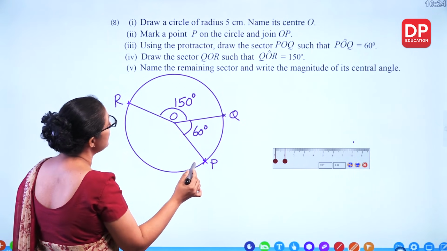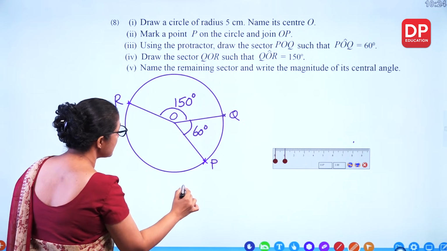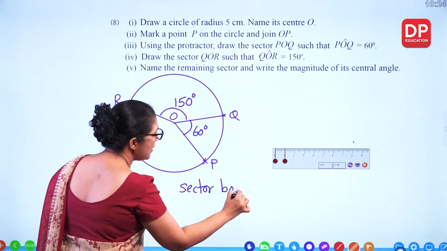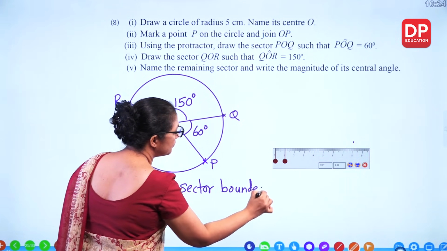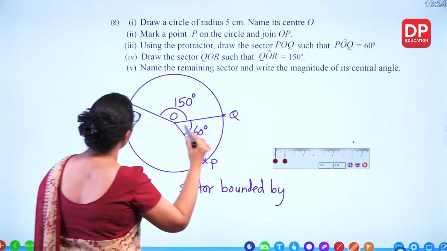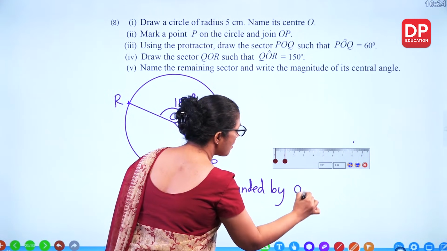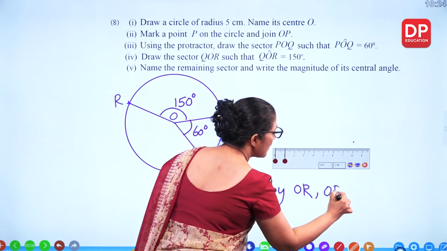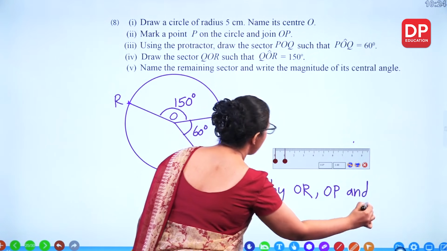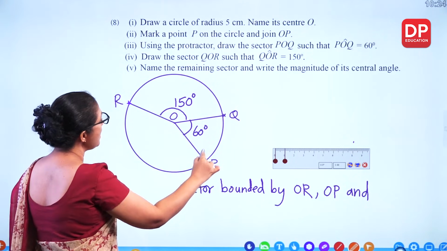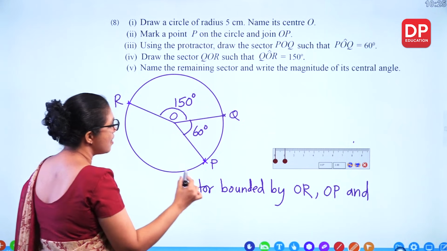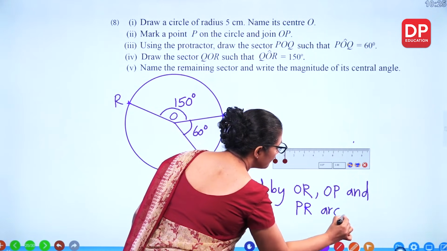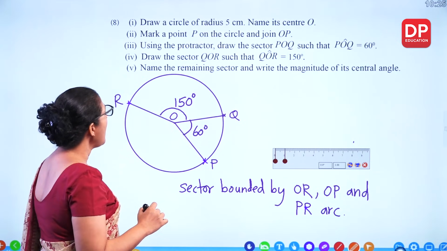You can label it like the sector bounded by OR, OP and PR arc. So what's the angle?